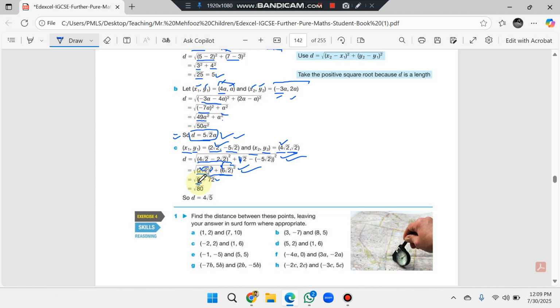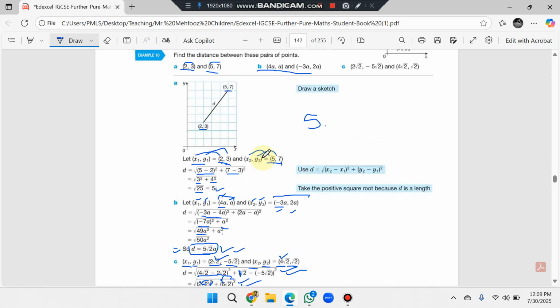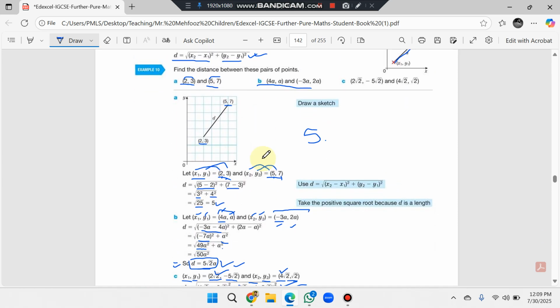So 72 plus 8 becomes 80. So square root of 80 is your answer. When we simplify it without using a calculator, your distance has the value 4 square root of 5. Do you have any problem? No. Okay, good. This is your solved example 10.